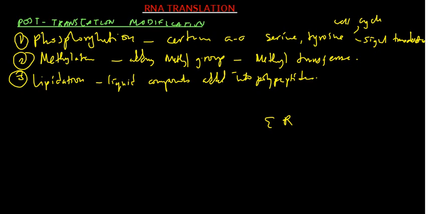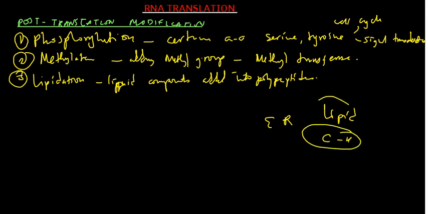And the reason as to why we are even adding lipid components is because we want to increase the protein's hydrophobic character. Remember, a lipid has got a lot of carbon to hydrogen bonds, and this makes it non-polar.